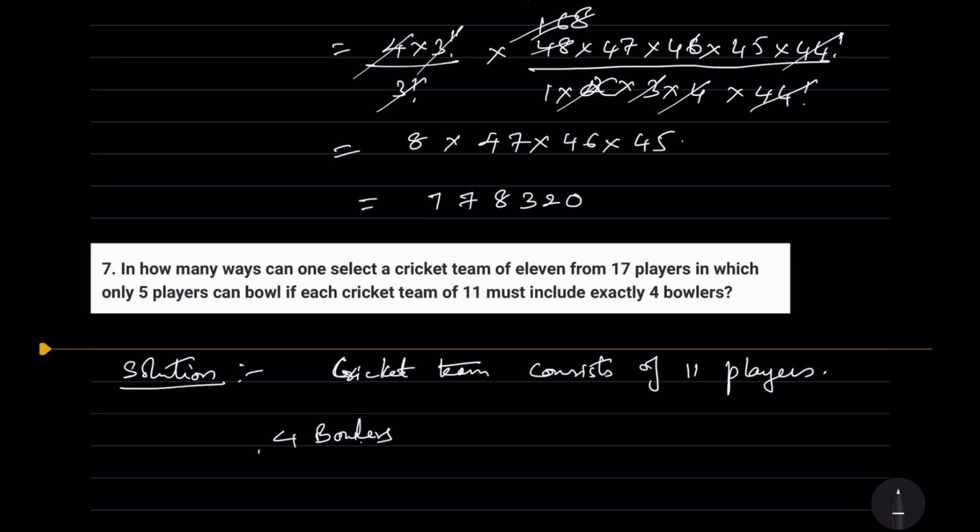Now how many are left over? 11 minus 4. From 17 players we have to select 11. You have 5 bowlers, of which 4 have to be selected.